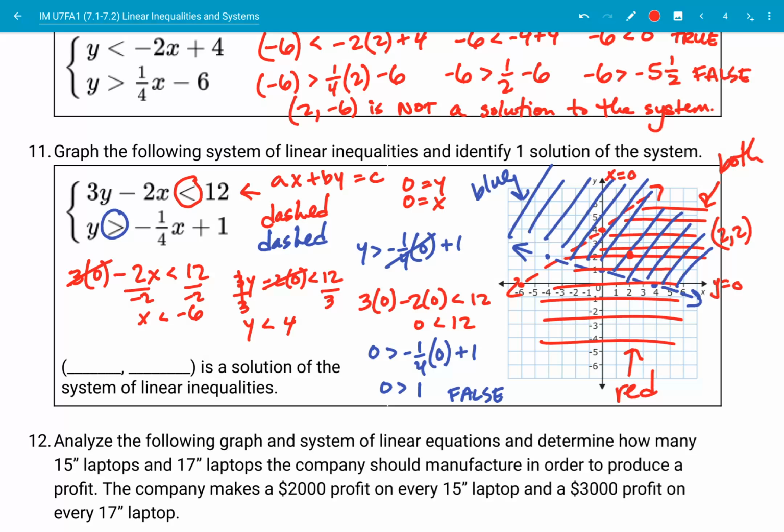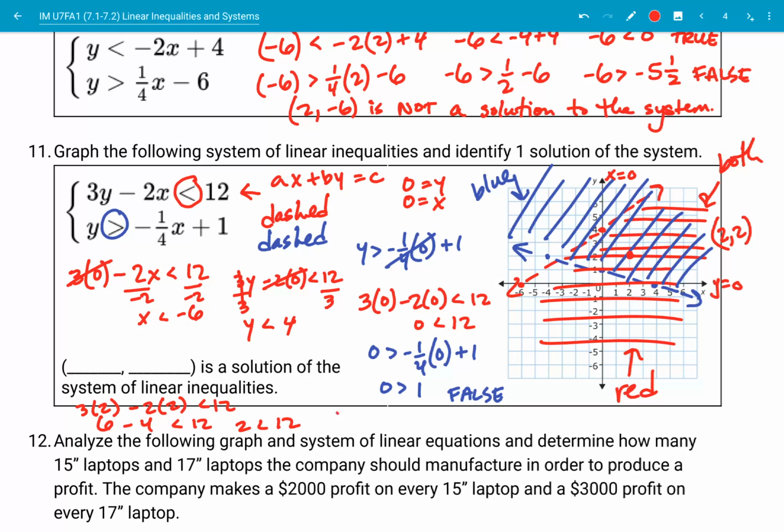And we could check our work to see if that's true. Let's say 3 times 2 minus 2 times 2 is less than 12. 6 minus 4 is less than 12. 2 is less than 12. So far, so good.